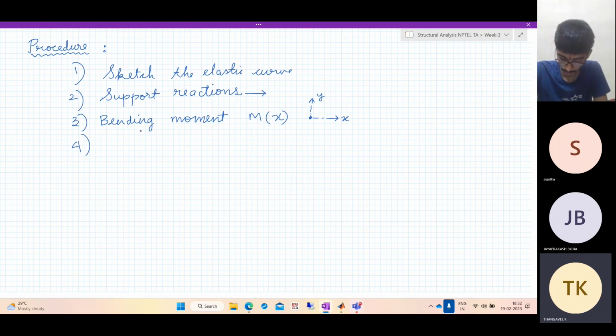Then use the relationship: d square v by dx square is equal to M of x by EI of x in general. So I integrate it twice.